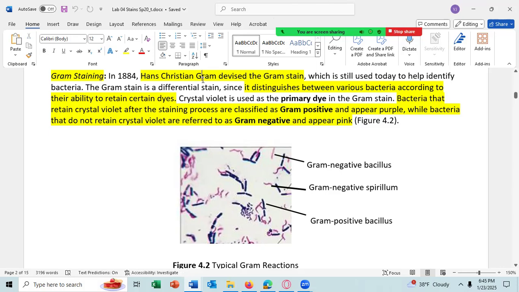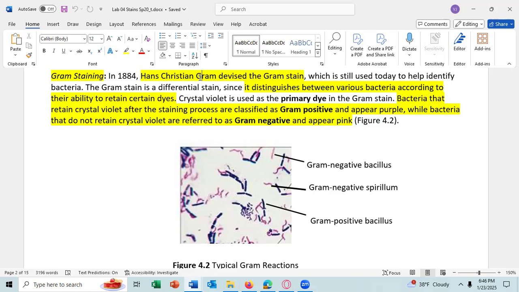Gram. He used this stain as a differential stain to differentiate between the patient's cells and the bacteria cells that were causing the infection. So what he did was he stained the cells, and the patient's cells stained pink, and then the bacteria stained purple.